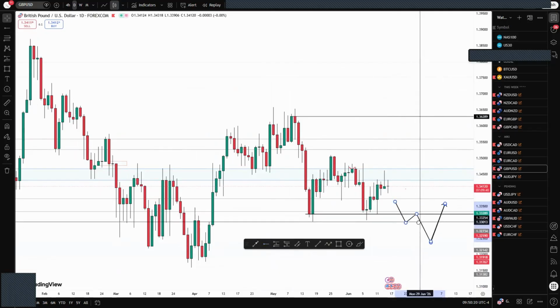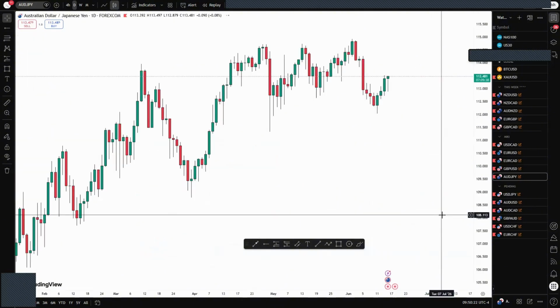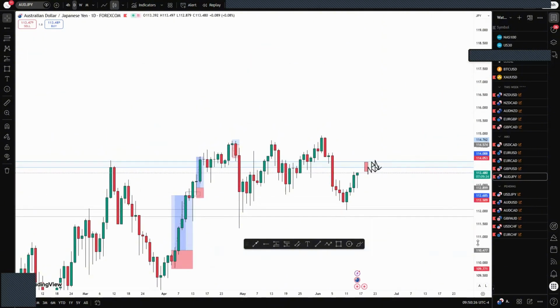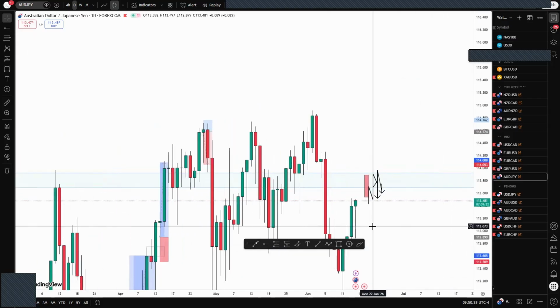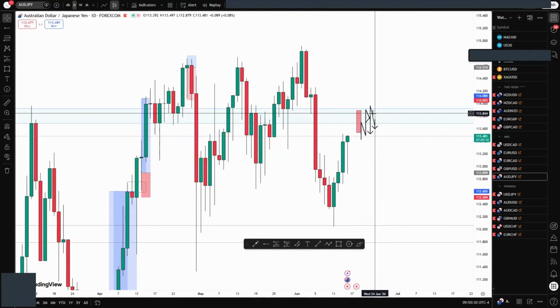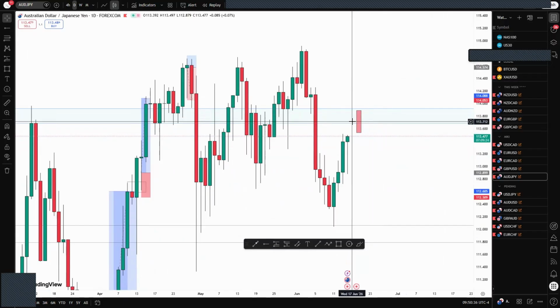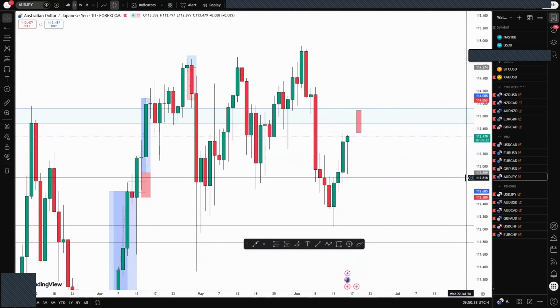Okay. Euro GBP JPY, AUD JPY, price is on its way to my level here. When price reaches this level, then we can switch to the 4 hour time frame.